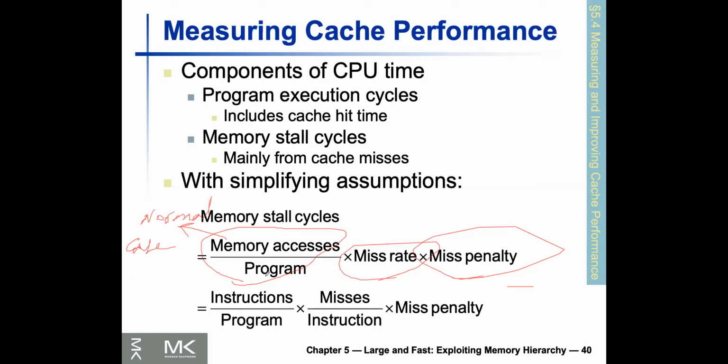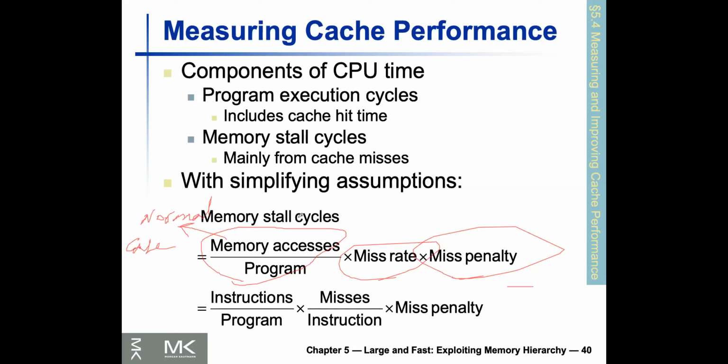Memory accesses per program. Out of those memory accesses, we might miss some of them at some rate, which is 10%, 15%, or whatever X percent. For each of those, we are paying a price of a miss penalty because we have to come back down, stall, find it in memory and then bring it back up.